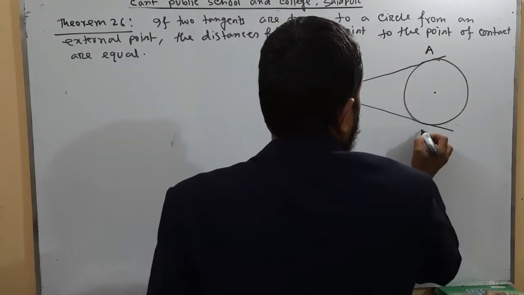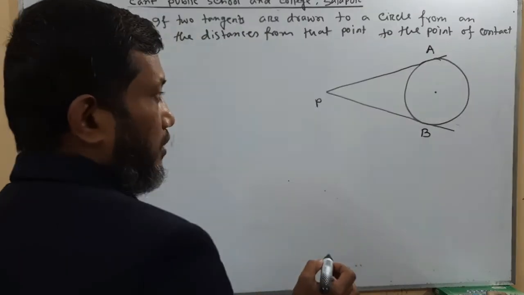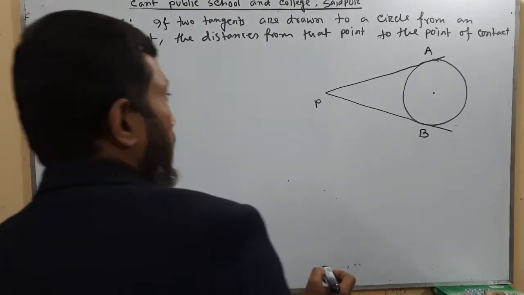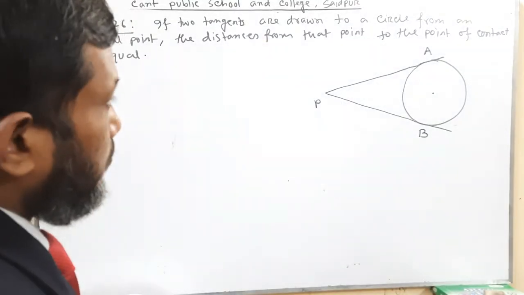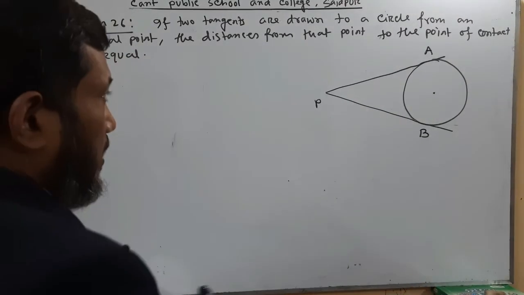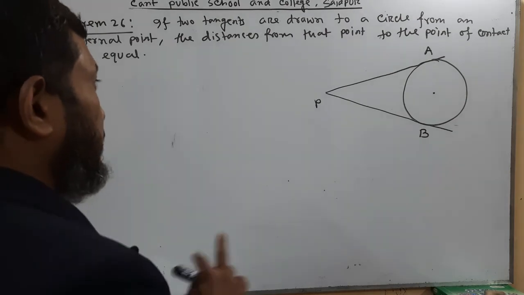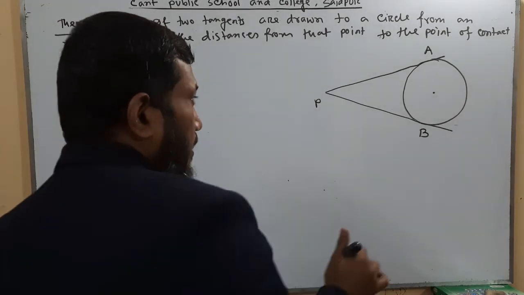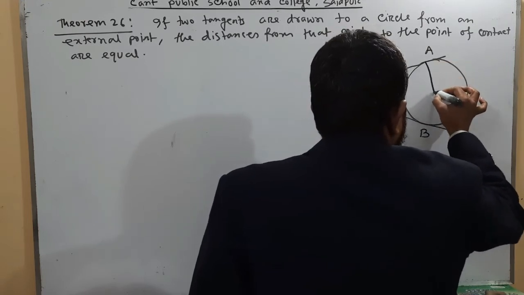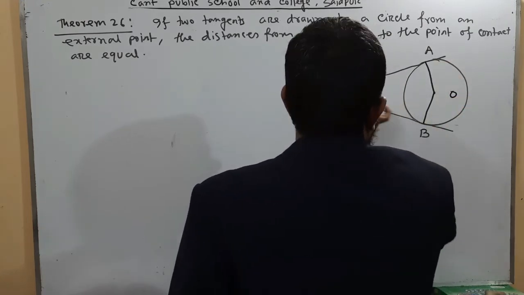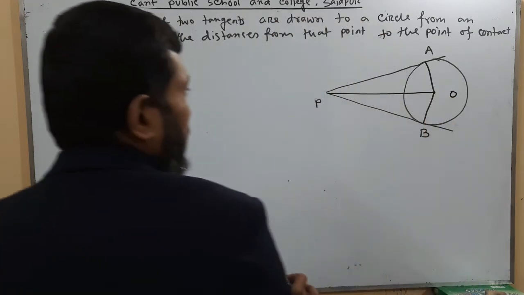Here PA and PB are these two tangents, and A and B are two points of contact of these two tangents PA and PB respectively. OA and OP are joined.